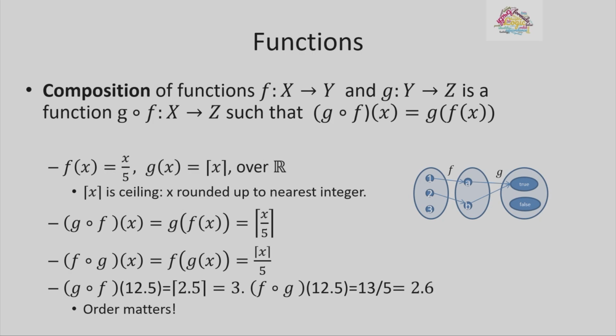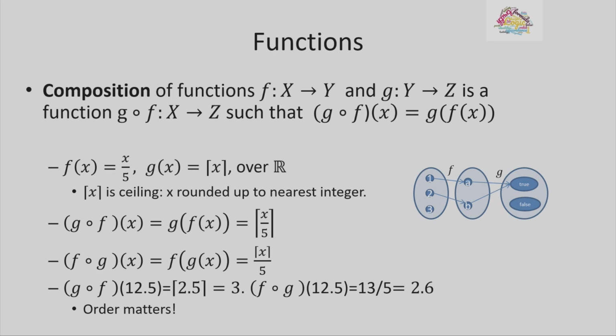Suppose f of x is x divided by 5, and g of x is ceiling of x, which means it's x rounded up to the nearest integer. If we take g of f of x, we will first take x, divide by 5, and then we take the ceiling, rounded up to the nearest integer. If we take f of g of x, then we first take the ceiling of x, and then we divide the resulting number by 5.